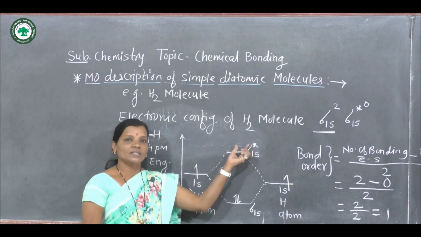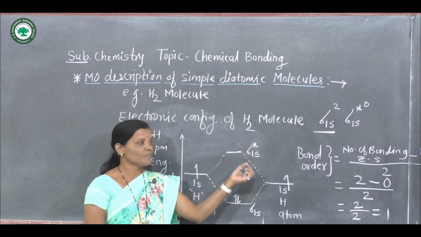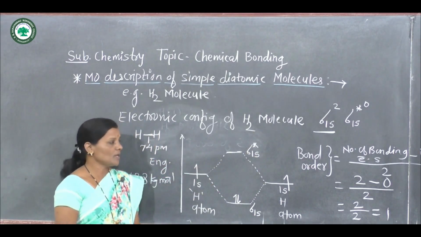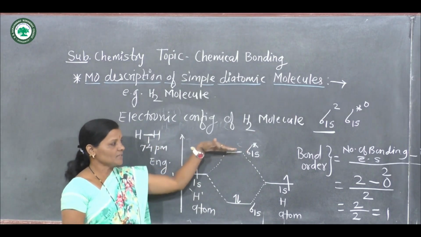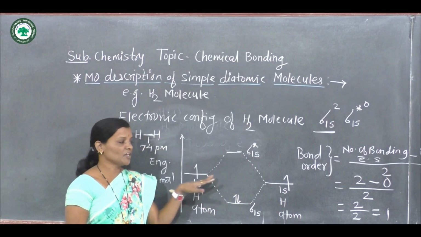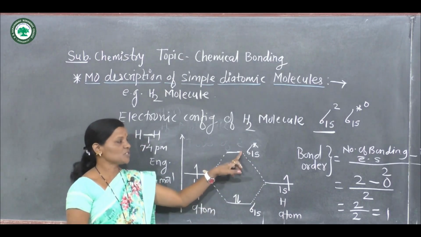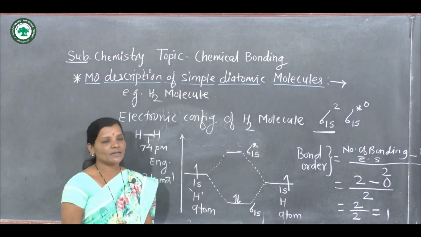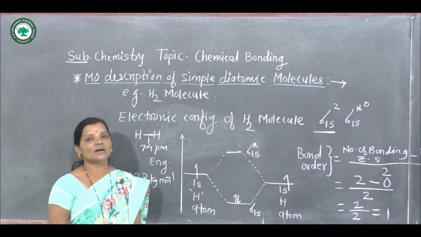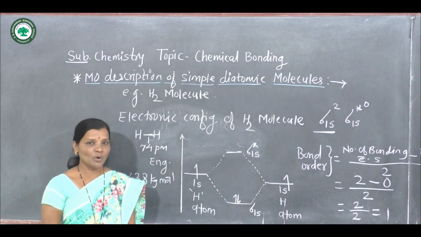And this sigma star 1s antibonding molecular orbital is empty because only 2 electrons are present in the H2 molecule, and so this ABMO sigma star 1s has higher energy than the corresponding 1s atomic orbital, and so that is shown at this point. So this one is the molecular orbital energy diagram for H2 molecule.